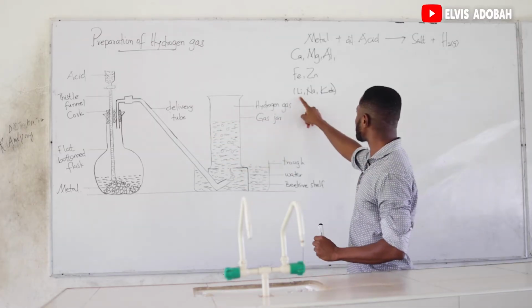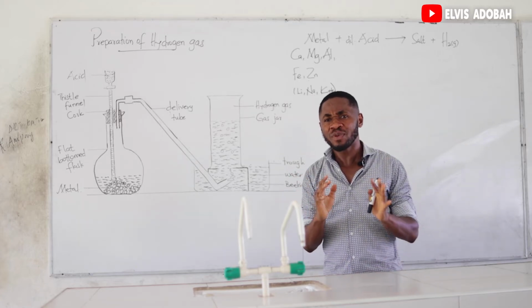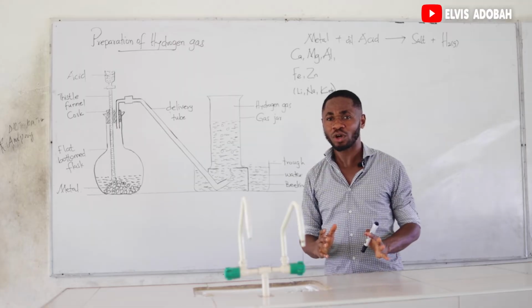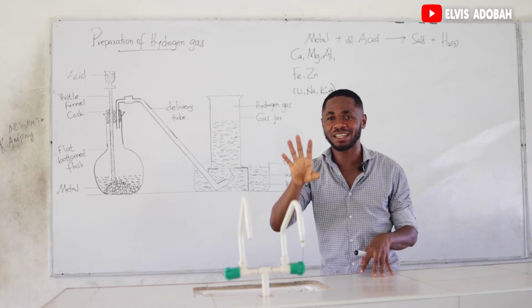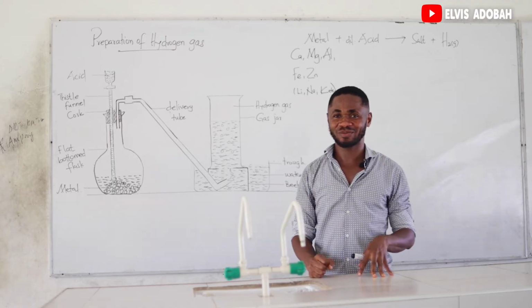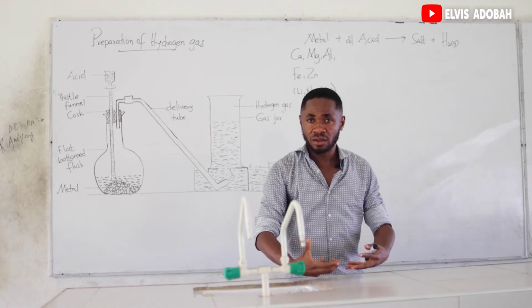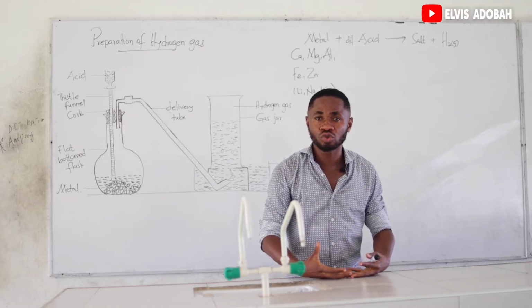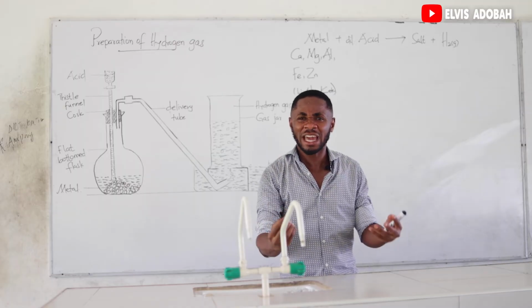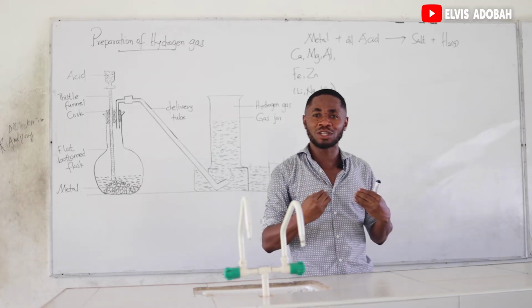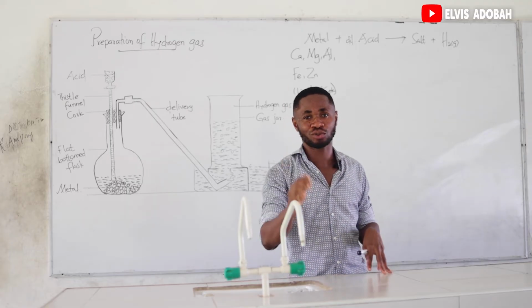So if these metals in just water are behaving that violently, causing even explosion, just imagine placing them in a dilute acid. They are going to behave the same way. But this time, if the container should break as a result of the explosion, what gets spilled onto the person performing the experiment becomes an acid, which is very dangerous.